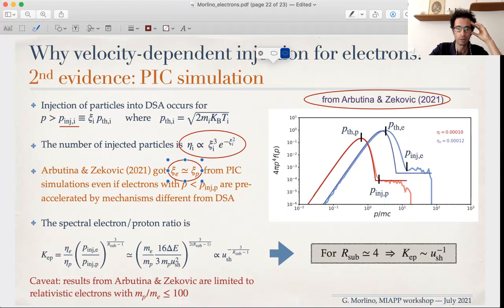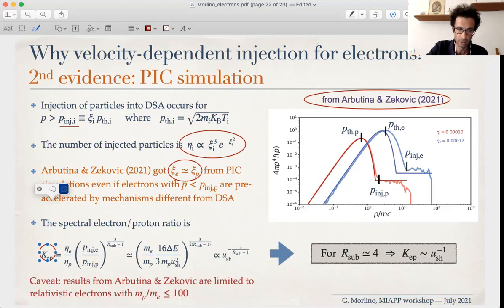Now, if we evaluate the ratio between electrons and protons, this ratio, KEP, is given by the number of electrons and the number of protons injected inside the non-thermal tail, times the ratio of P injection for electrons and protons to the power of the slope at that energy, which is connected to the compression ratio at the shock, very close to the shock.